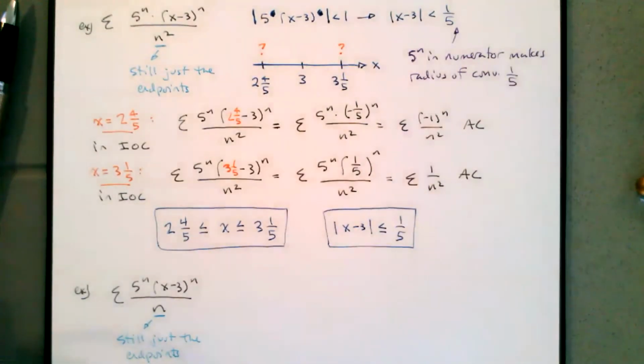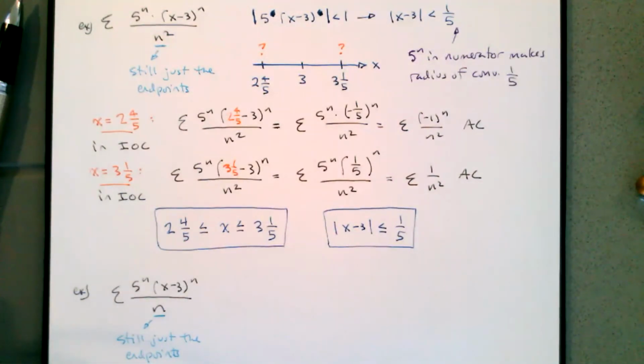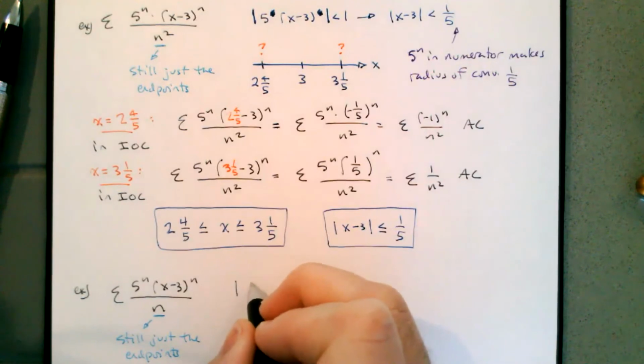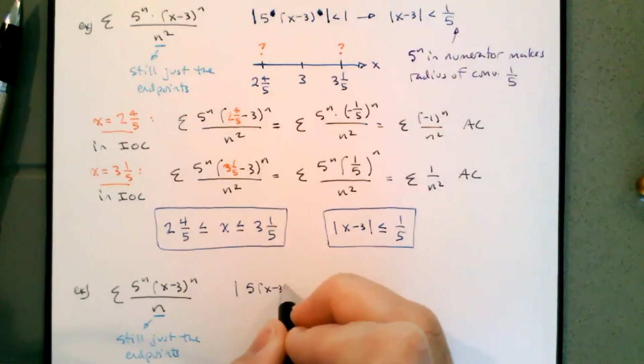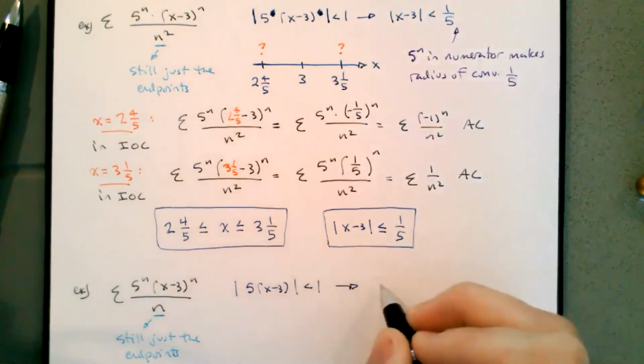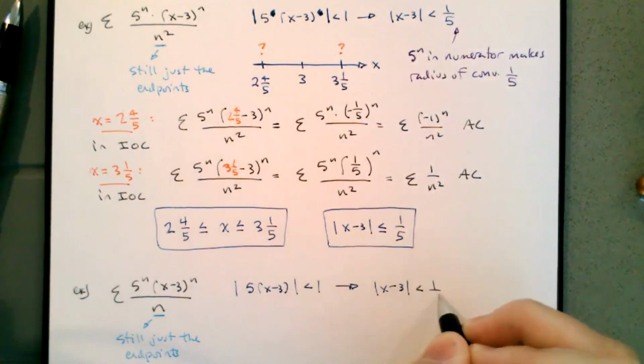So that's still just about the endpoints. Even though it doesn't have a common ratio, we think about what would happen if we had a common ratio, and we say the absolute value of 5 times x minus 3 has to be less than 1. And that gives us the same base interval of convergence, the absolute value of x minus 3 has to be less than 1/5.